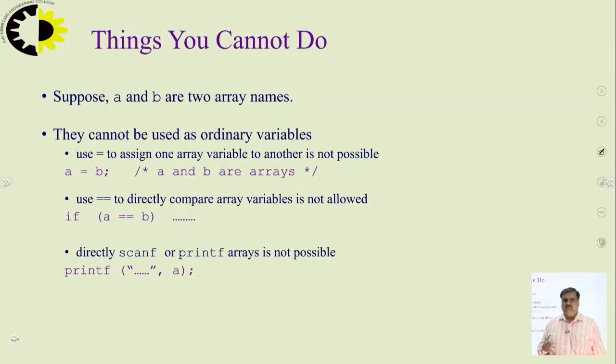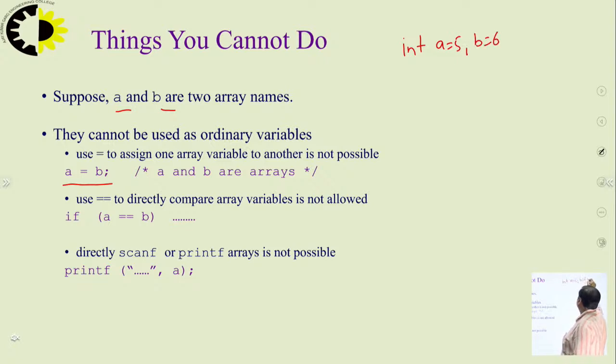What we cannot do, like A and B, if these two are array names, then we cannot assign one array variable to another. Like we can do int A equal to 5, B equal to 6, then we can assign A equal to B, and the value of B will be assigned to A. But if they are arrays, then we cannot do this.